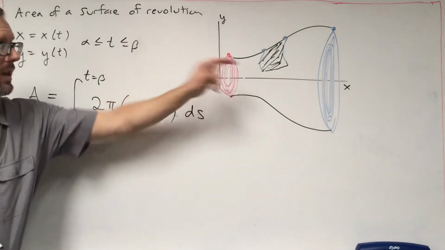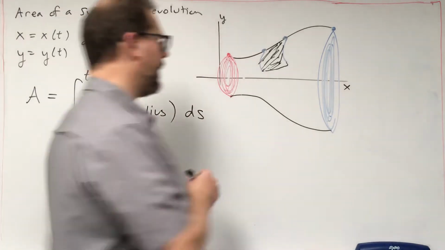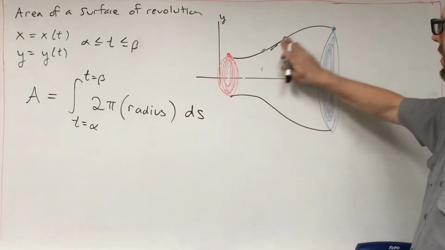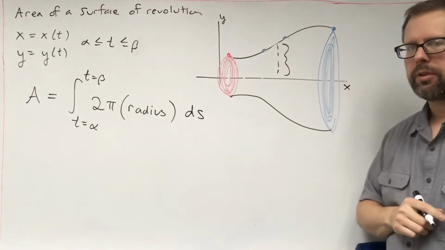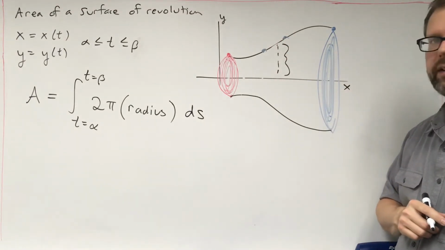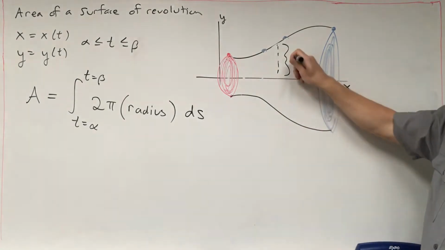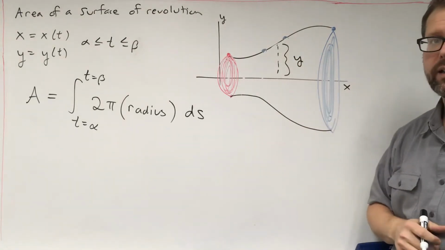In our picture here, we have the radius as the distance between the curve and the x-axis. We know what that is. That is y.